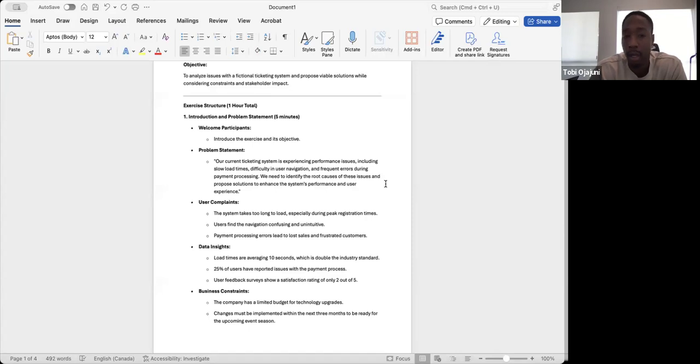experience. The complaints from the users: it takes too long to load, especially during peak times. The users find the navigation confusing, and the payment processing errors lead to lost sales and frustrated customers. From the data that was collected, the load times are averaging 10 seconds, which is double the industry standard. 25% of users have reported issues with the payment process, and user feedback surveys show a satisfaction rate of only 2 out of 5.